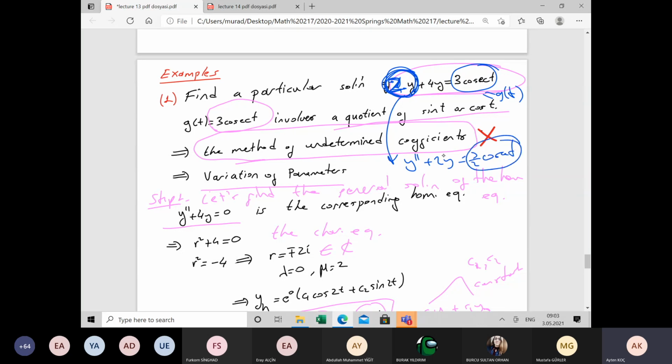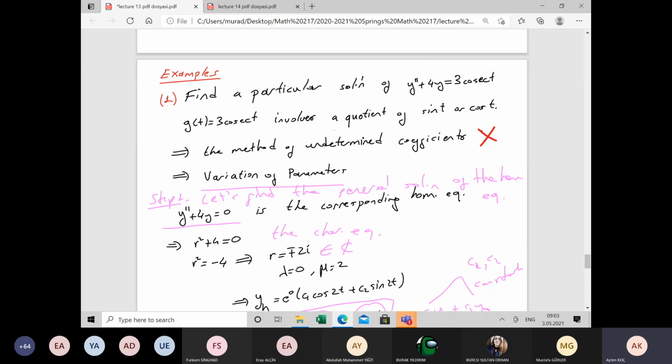Then this is g of t. If the coefficient is 2, not 1, be careful. This is an important point. Otherwise we obtain a particular solution, but not for the given equation, different from our equation.